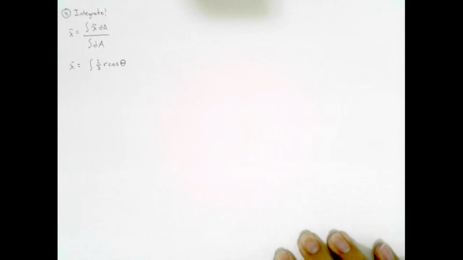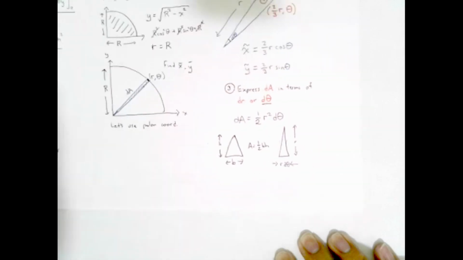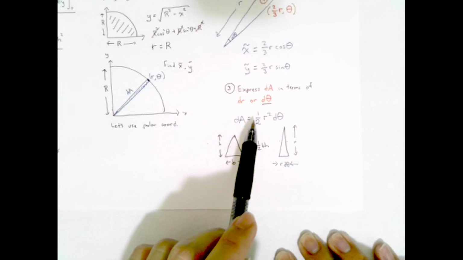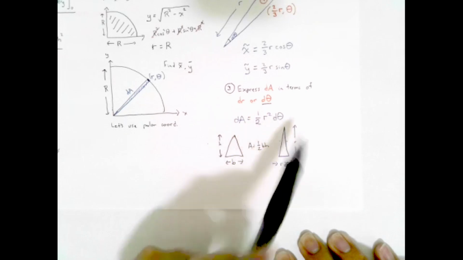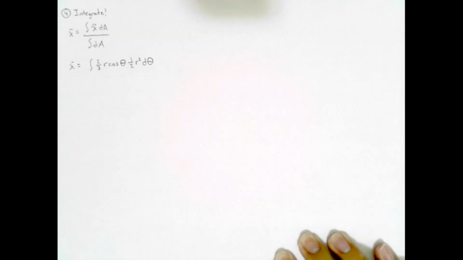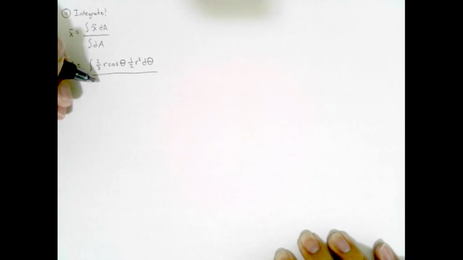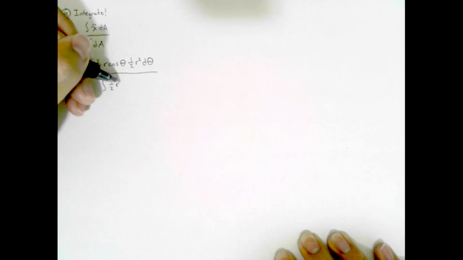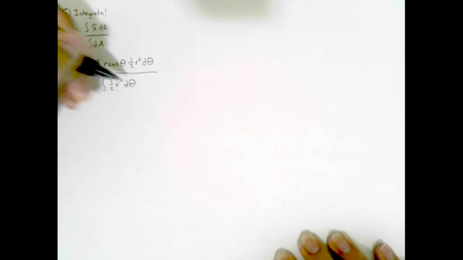This is starting to look like it's not going to be so easy, but we'll see. And then we have this multiplied by dA. And we already found from step number 3 that dA is just 1/2 r squared d theta. So we multiply this by 1/2 r squared d theta. In the denominator, we have the integral of dA, so that's just the integral of 1/2 r squared d theta.